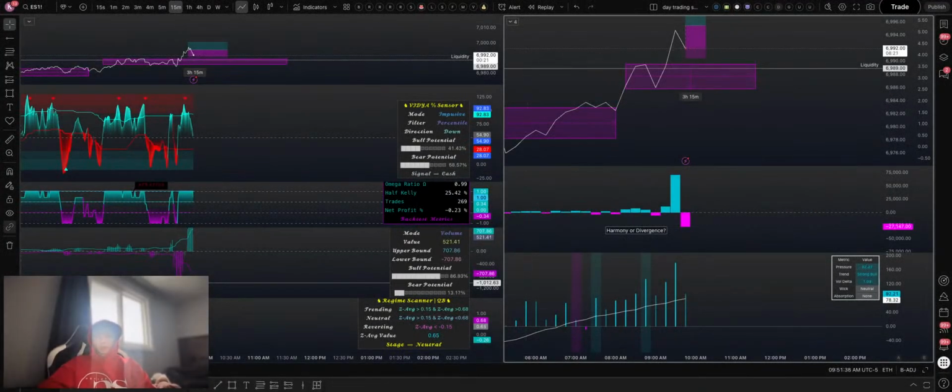Just quickly add this in the journal. Price action was there. Everything was there. That one just didn't work out.